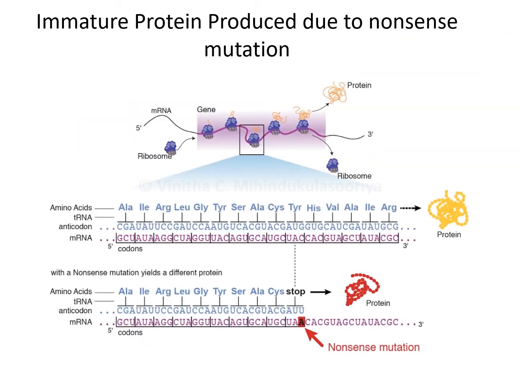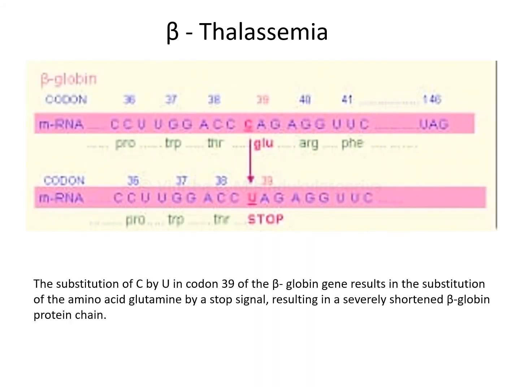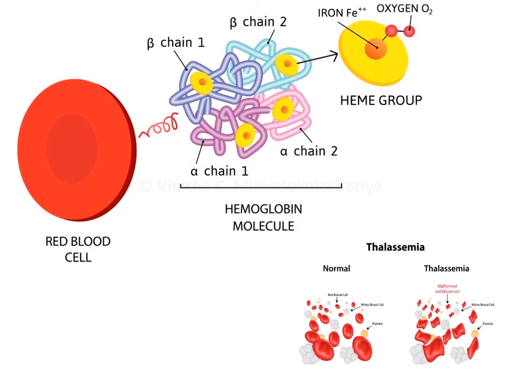When one of these codons meet, the translation process is stopped. An immature shorter polypeptide is formed due to this type of mutations. Beta thalassemia found in human population is an example for nonsense mutation.